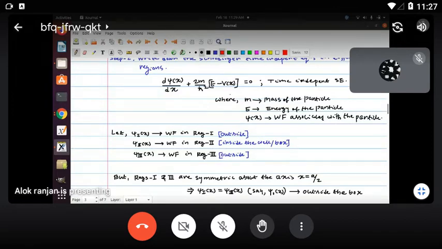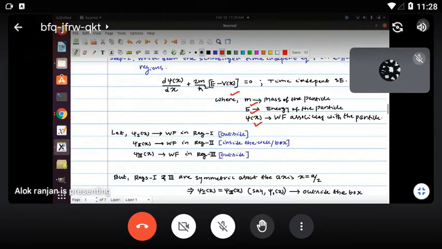Yes, sir. So now we have this Schrodinger equation, and as I have been telling you from the very beginning, whenever you have any notation or symbol, you have to explicitly mention them. m is the mass of the particle, E is the energy of the particle, psi is the wave function associated with the particle, h bar is the reduced Planck constant, and x is the position of the particle at any instant of time t.